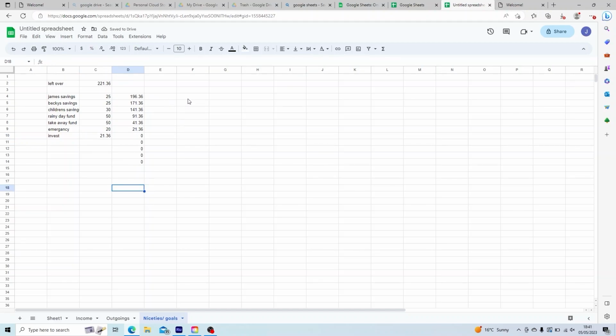So while I was doing this, I also thought it would be quite nice to have it as a percentage. So for example, my savings, Becky's savings, even though we know they're the same amount there, it's quite easy to see.